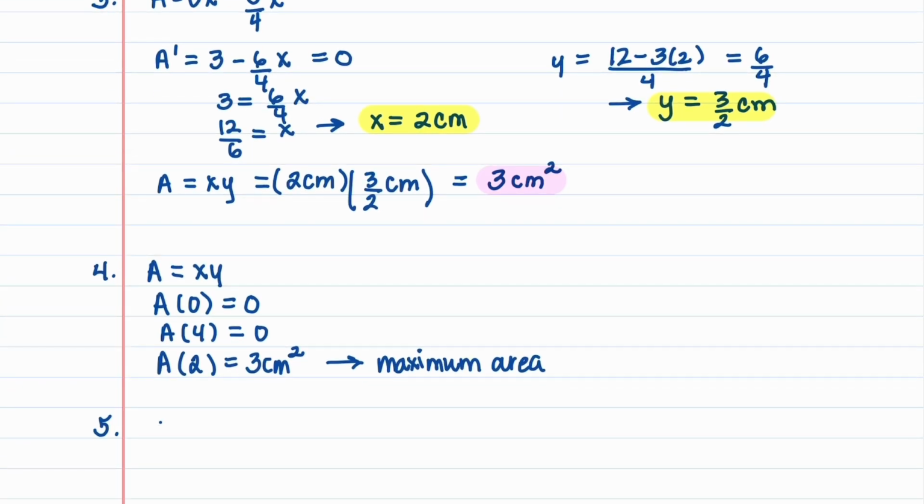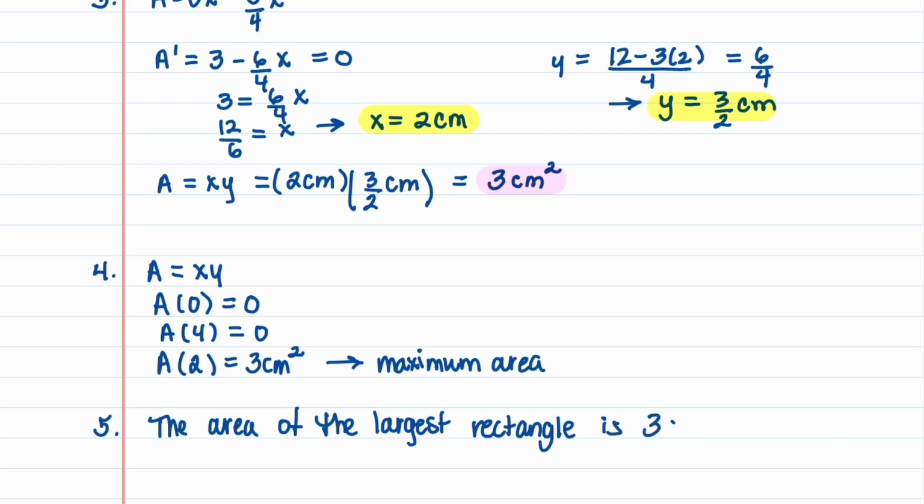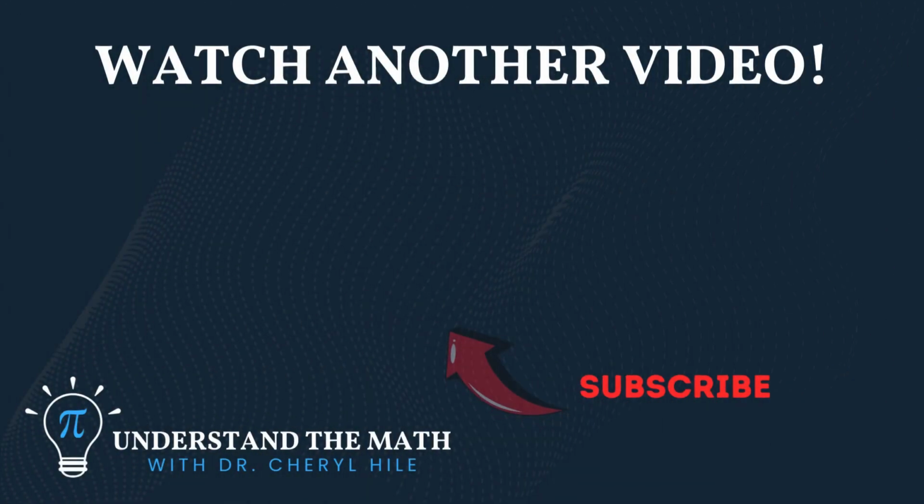Let's state that the area of the largest rectangle is 3 centimeters squared. And that's our final answer.